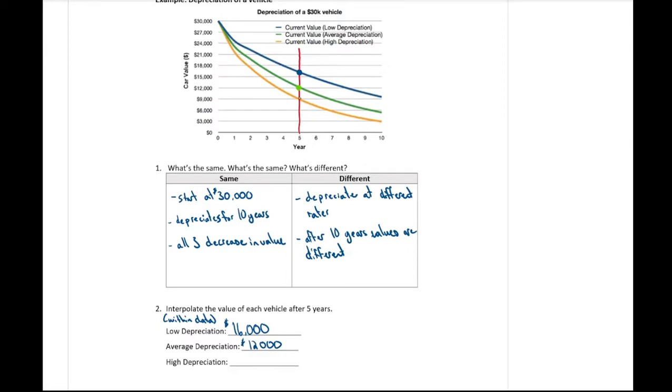And finally, the last one, high depreciation, so a high decrease in value. Our car's value is roughly $9,000. So again, different depreciation rates, different values after 5 years. And looking back, it would technically be different at any year because they're decreasing at different rates.